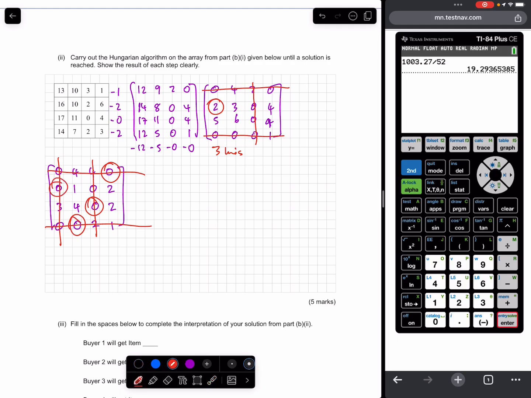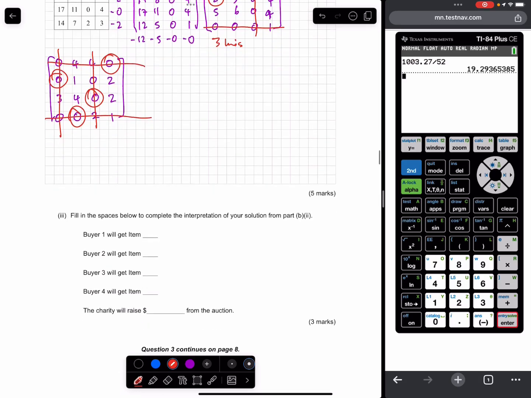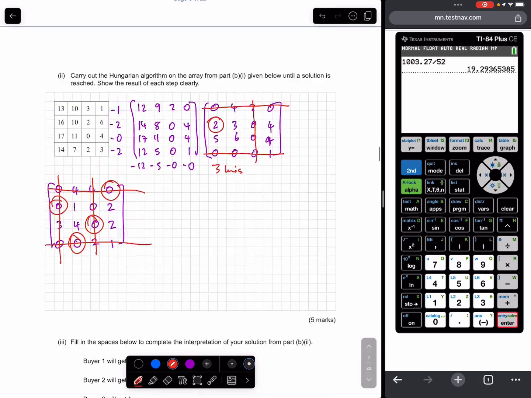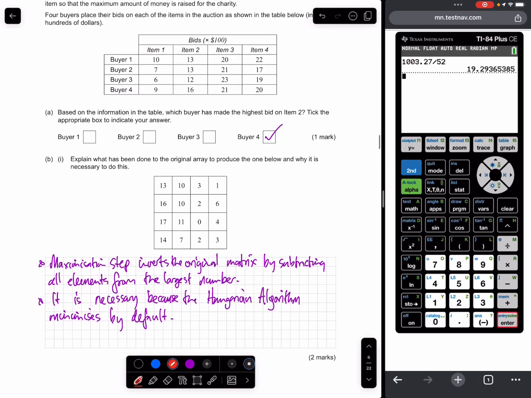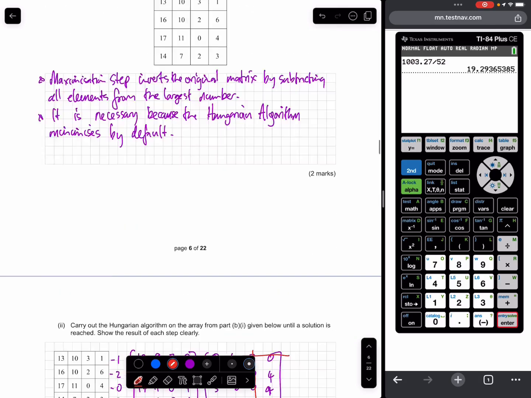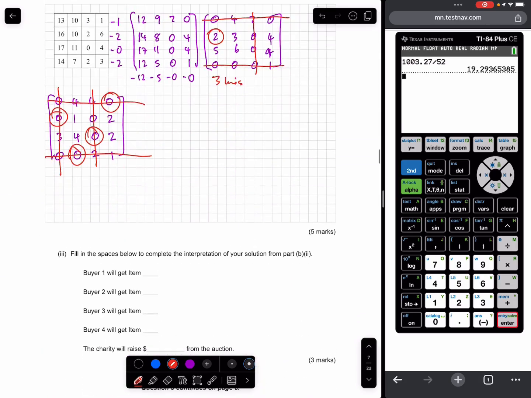Fill in the spaces below to complete the interpretation of your solution from part B2. Items 1, 2, 3, buyers 1, 2, 3, 4. Buyer 1 will get item 4. Buyer 2 will get item 1. Buyer 3 will get item 3. Buyer 4 will get item 2.